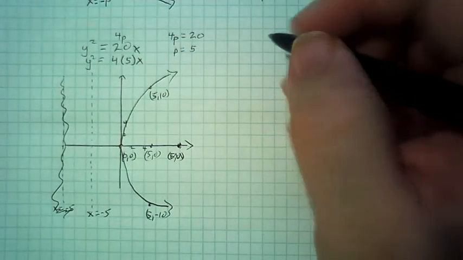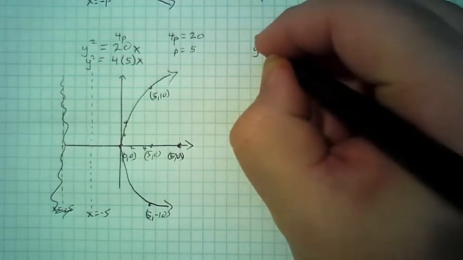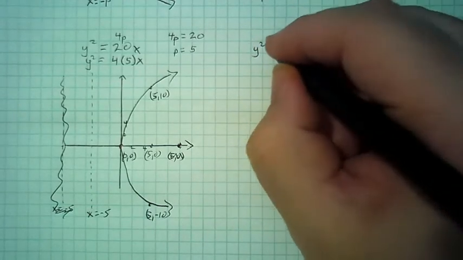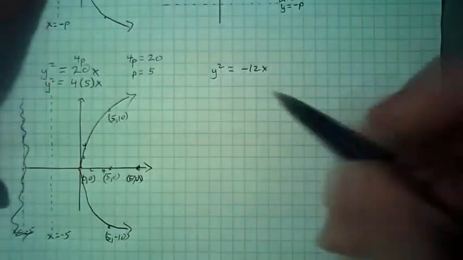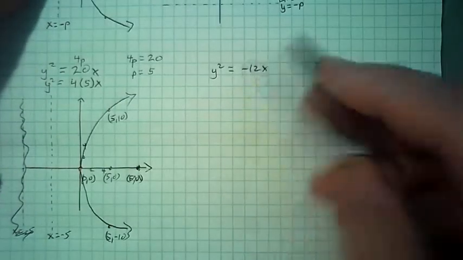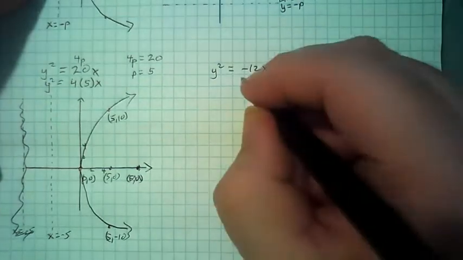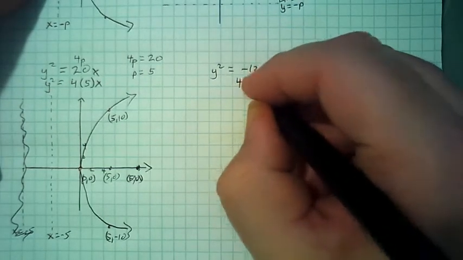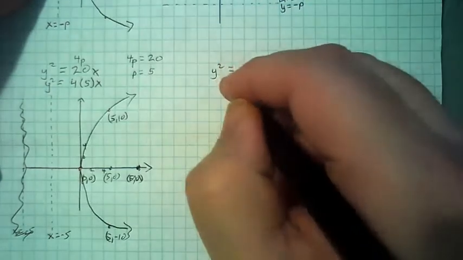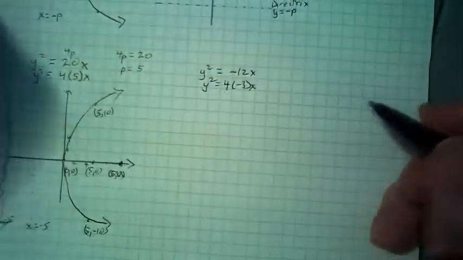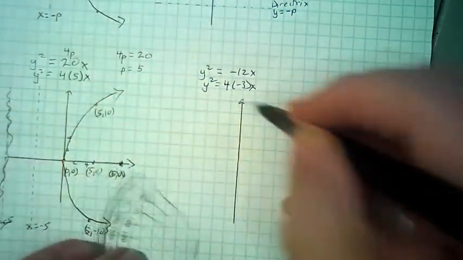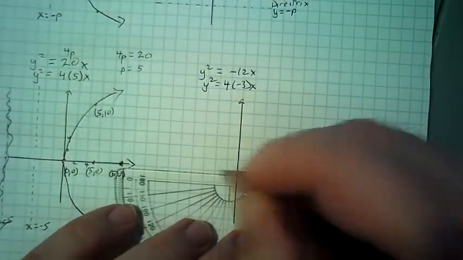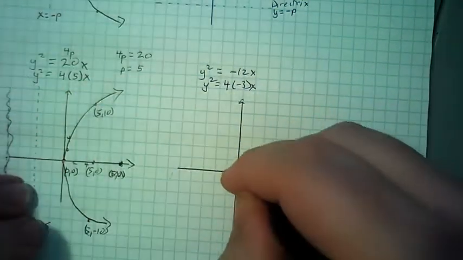Let's do another example. Also horizontal this time. But let's make this y squared equals negative 12x. So if you think about it, what do you multiply by 4 to get negative 12? And the answer is negative 3. So in this case, P is negative 3. Now all of these are going to have their vertex at 0, 0.